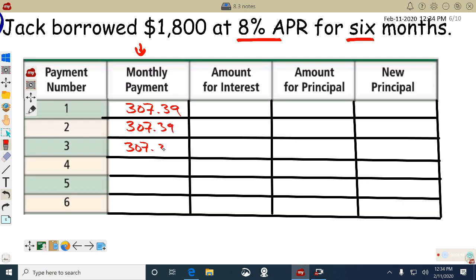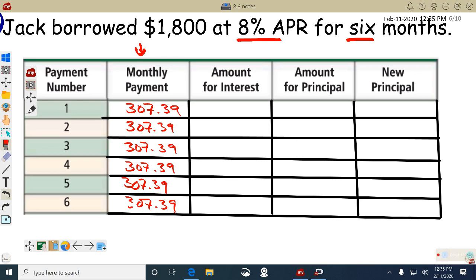Look at every single month he's going to pay the same amount. Look at that. $307.39. Go and write that in with me.